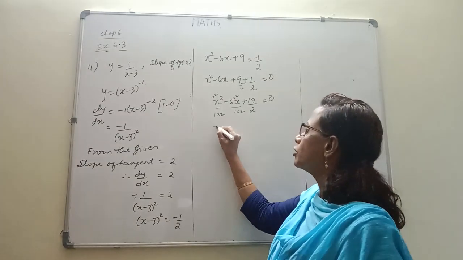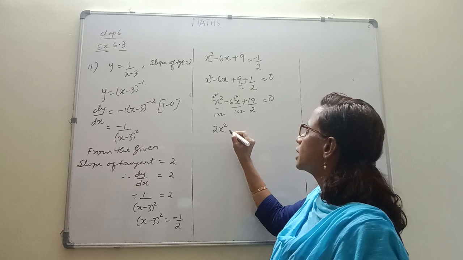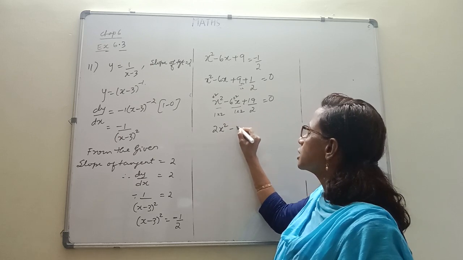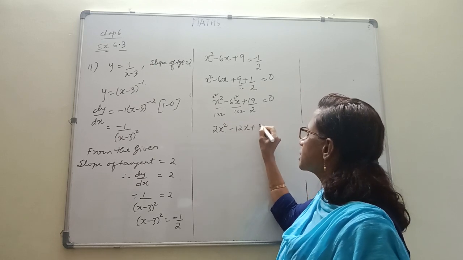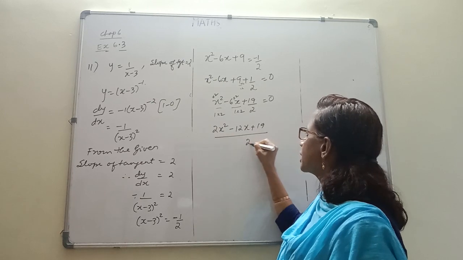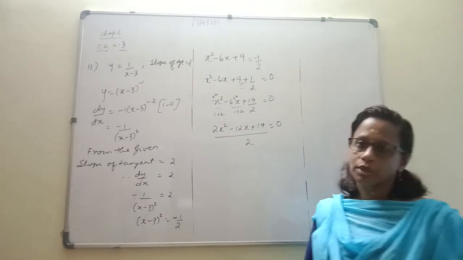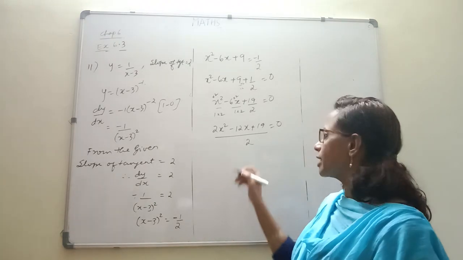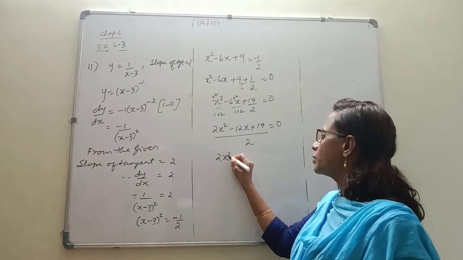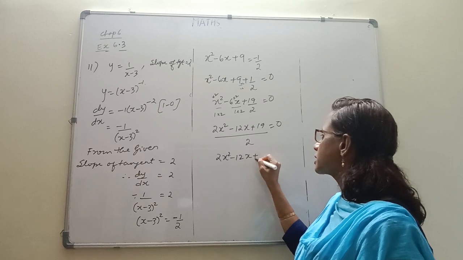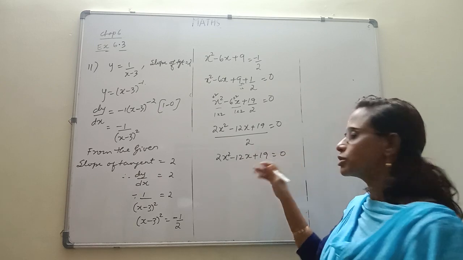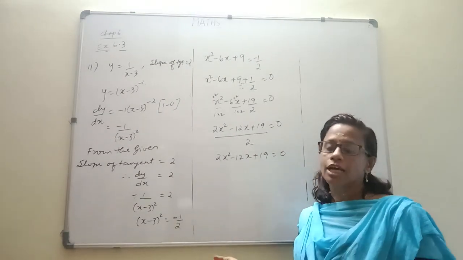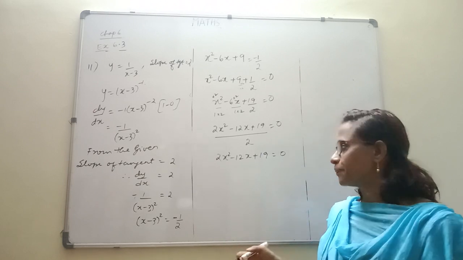So that's how you're getting 2x squared minus 12x plus 19 over 2. Everything has got the denominator 2 now. So this 2 can go on the other side. 0 into 2. So that your value becomes 2x squared minus 12x plus 19 equal to 0. 0 multiplied by 2 is 0.